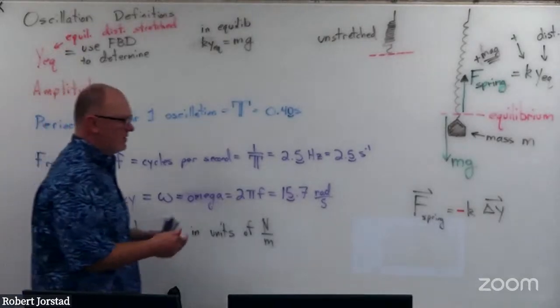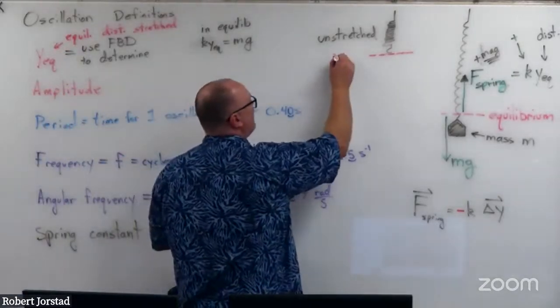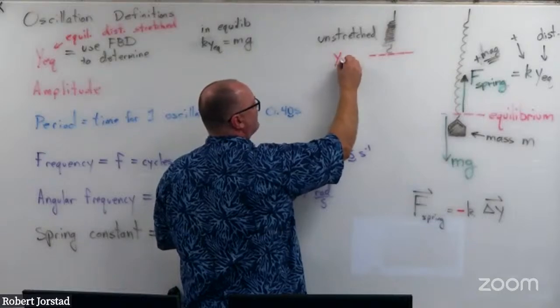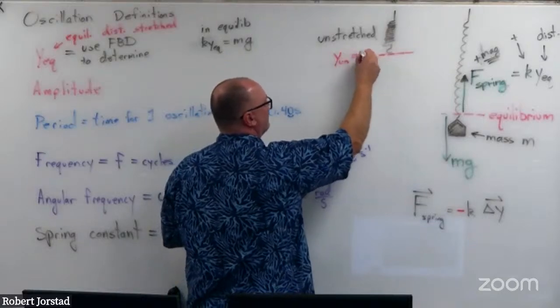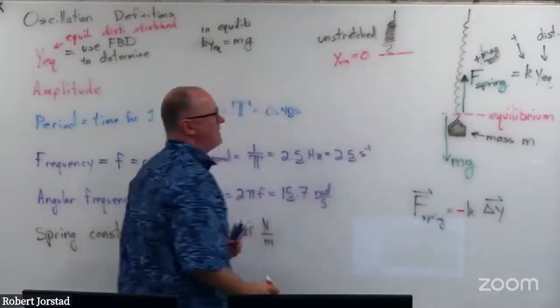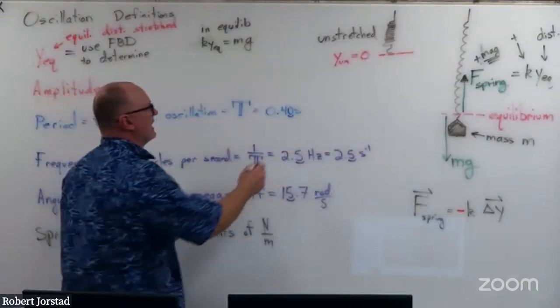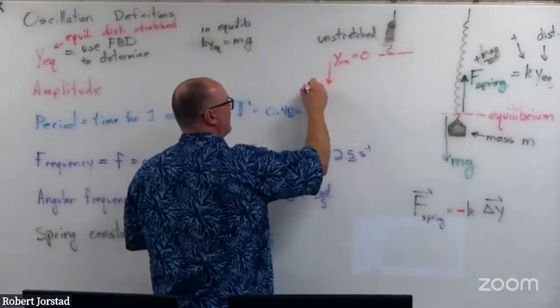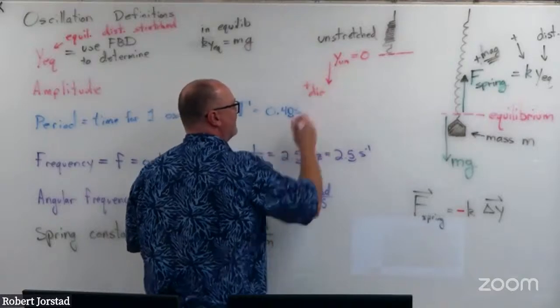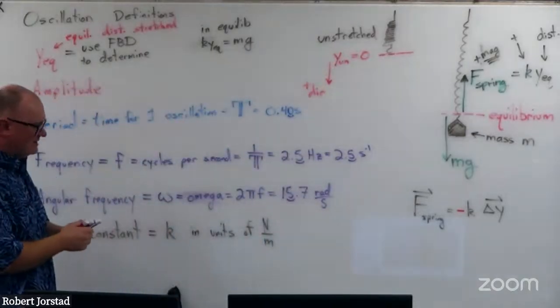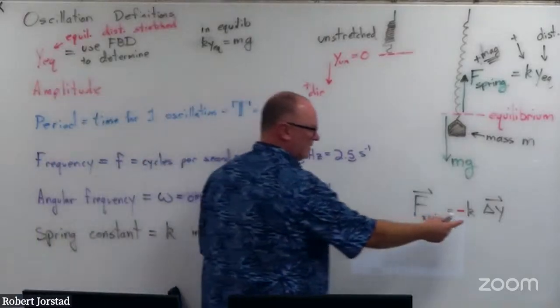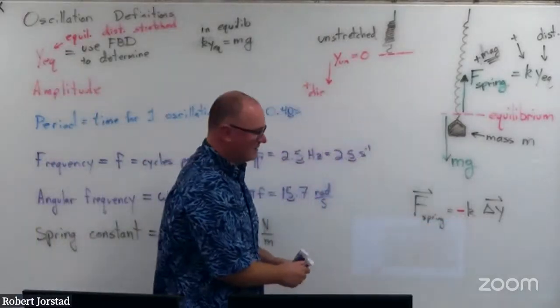I want to mention something else here. If I make the y unstretched equal to 0, if I make that position 0, and I call this the positive direction for this problem, let's see what happens with this delta y term right here. Am I going to have enough room? Yes, I am.